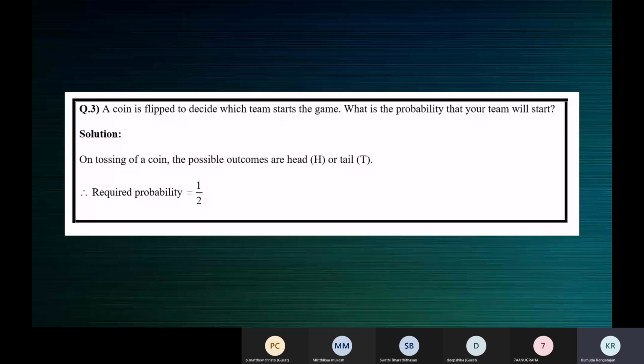For T also it is 1 by 2. Half means 50% chance. You have 50% chance to start the game.